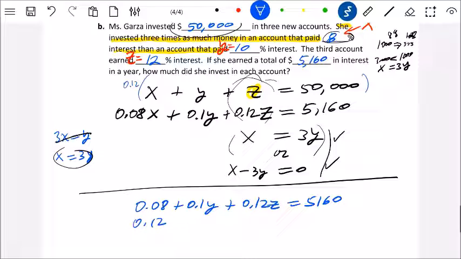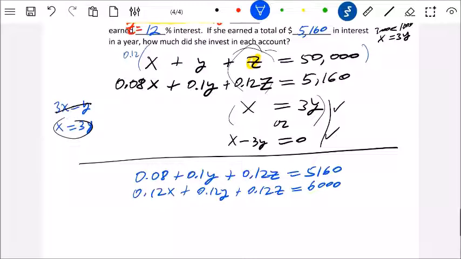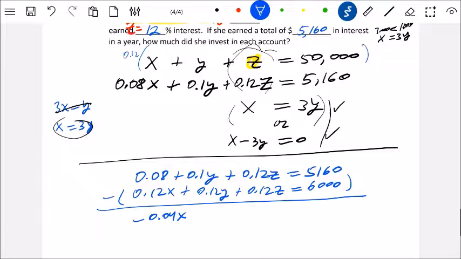And so I'm going to get 0.12X plus 0.12Y plus 0.12Z is equal to 6,000. Right, so I can subtract. 0.08 subtract 0.12 will give us a negative 0.04X.